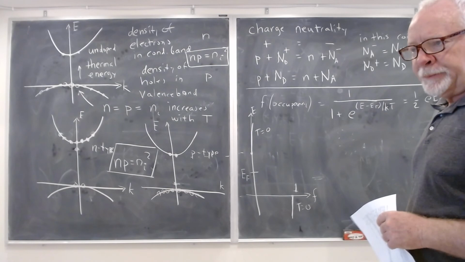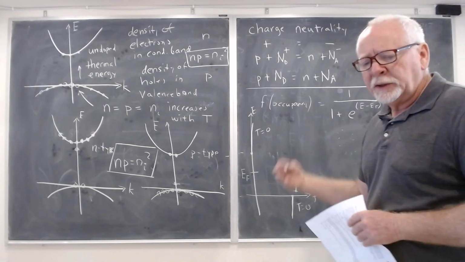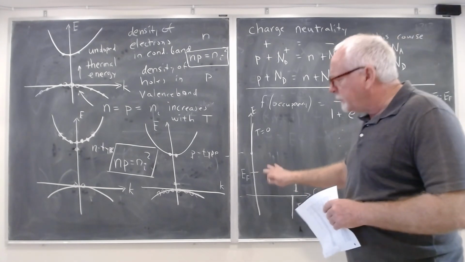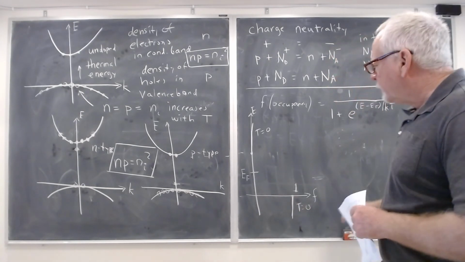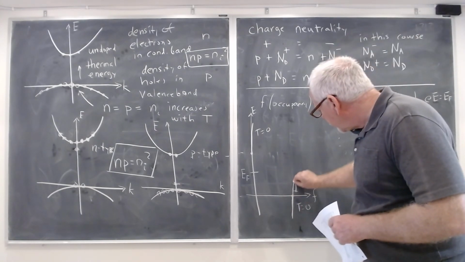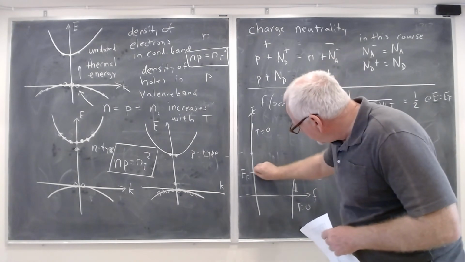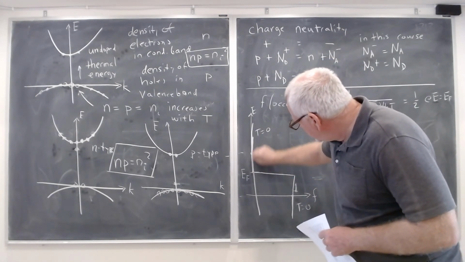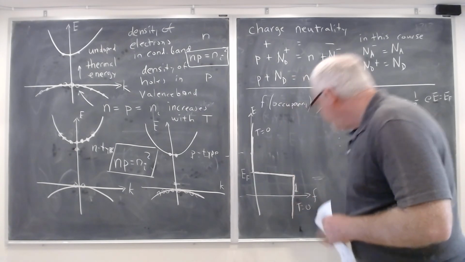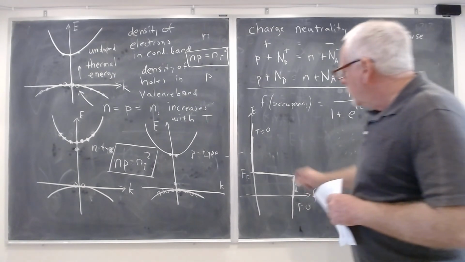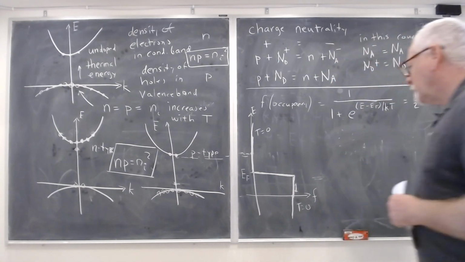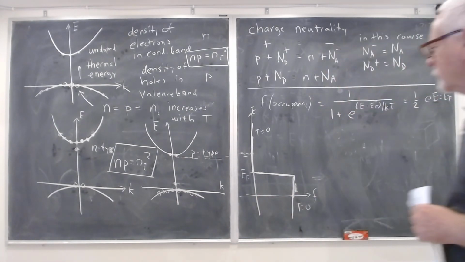Now, we might go through a few details later on where we will show that EF is not exactly in the middle, but for now it's about in the middle. And so we're going to draw the Fermi-Dirac function at t equals 0 like this, where this is the bottom of the conduction band, and this is the top of the valence band.